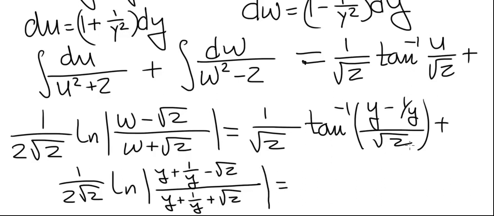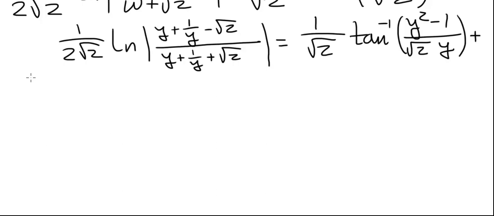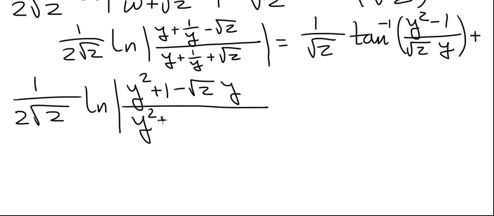We're going to multiply both numerator and denominator inside the inverse tangent and the log by y. So this is 1 over square root of 2 times inverse tangent of y squared minus 1 divided by square root of 2y, plus 1 divided by 2 square root of 2 natural log of absolute value y squared plus 1 minus square root of 2y divided by y squared plus 1 plus square root of 2y.